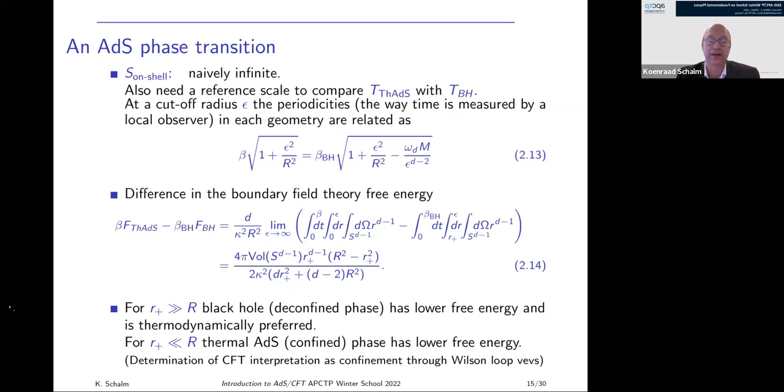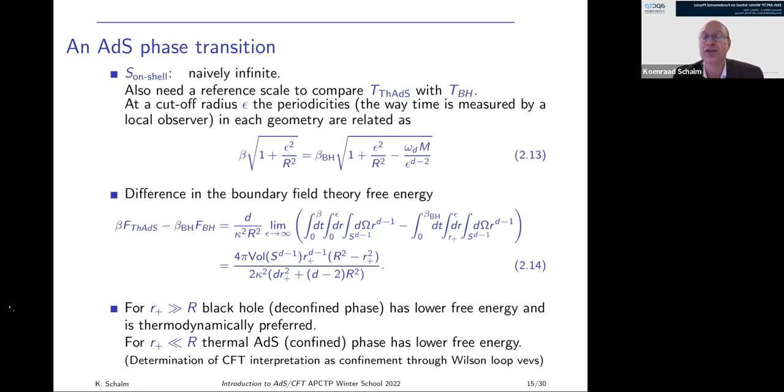The scaling of the Wilson loop energy as a function of its size tells you whether you're in the confined or the deconfined phase. If it's linear, you're in the confined phase, and if it's not linear, you're in the deconfined phase. This is a computation you can also do in ADS-CFT.